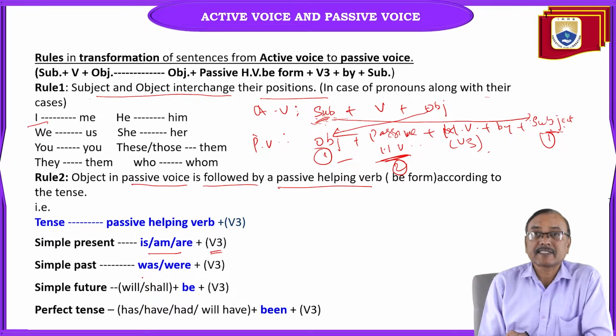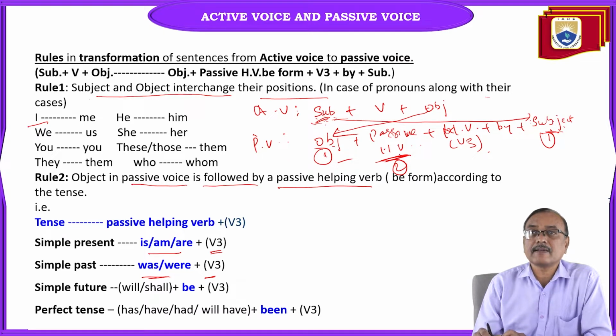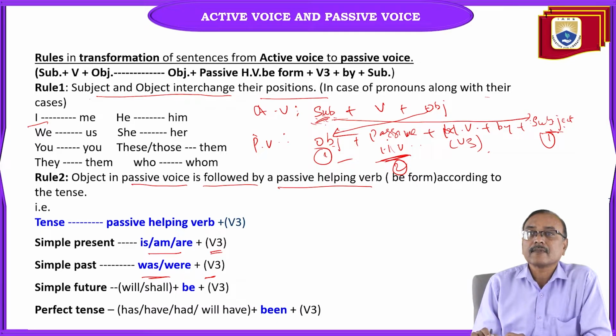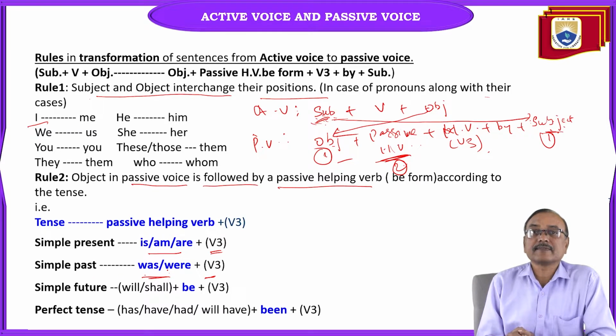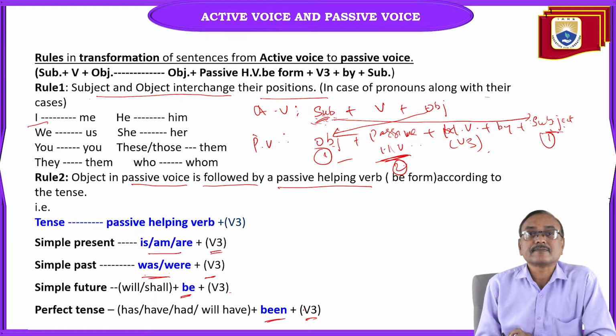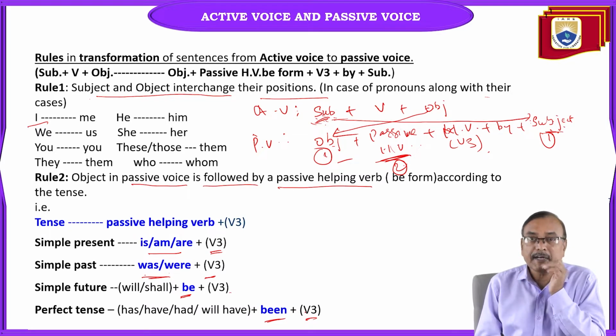If it is past tense, use "was" or "were" before the V3 form. If it is future tense, before V3 use "be". If it is perfect tense, before V3 use "been". Are you getting me?